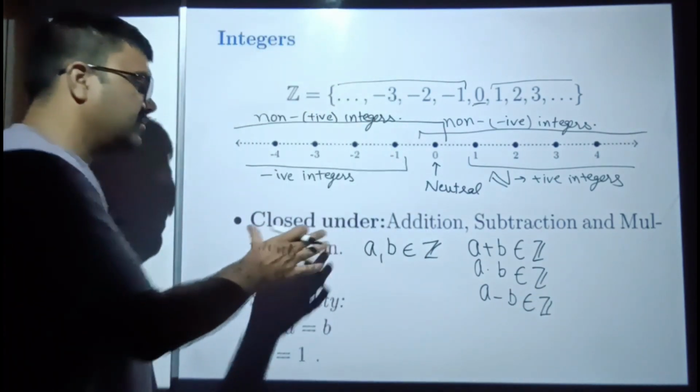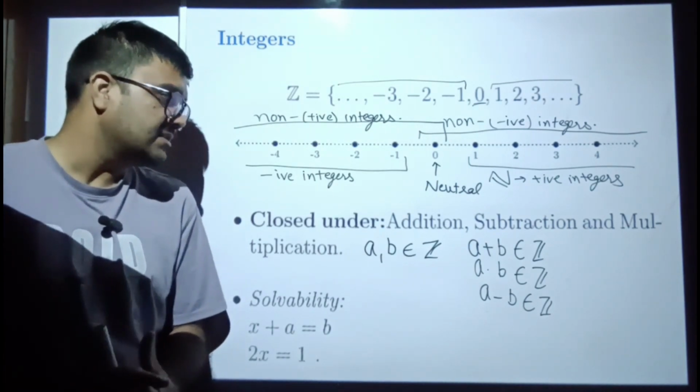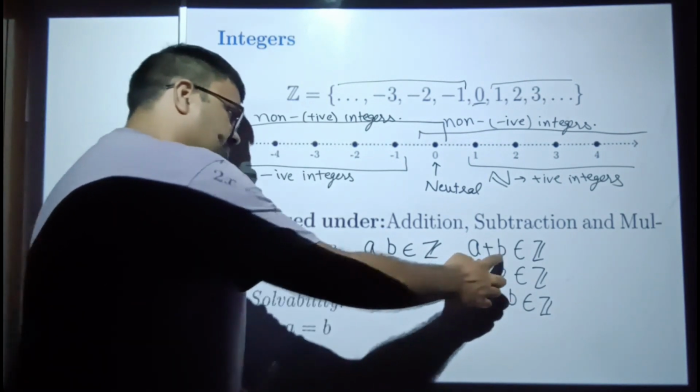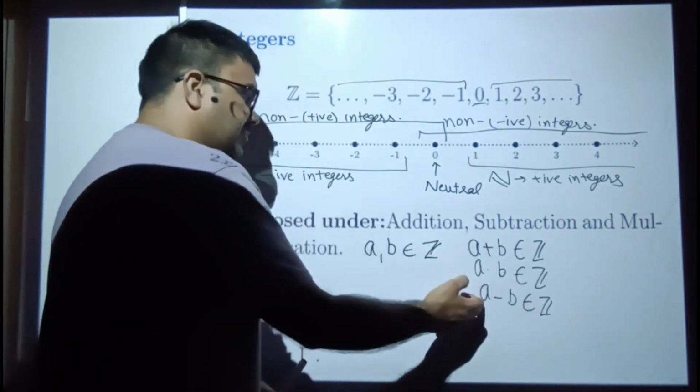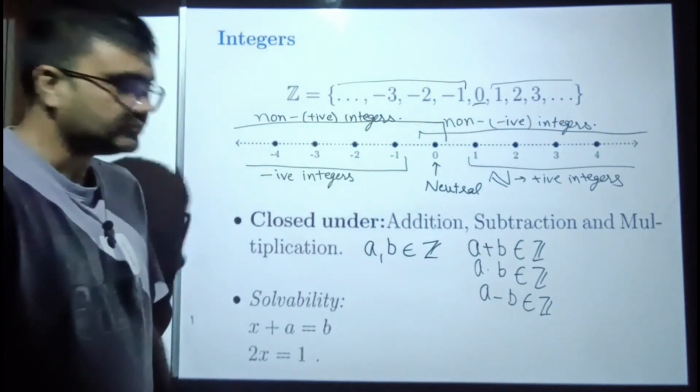Closed under addition means if we consider two integers a and b, their sum is also an integer. Closed under subtraction, a minus b is an integer, and a into b is an integer.